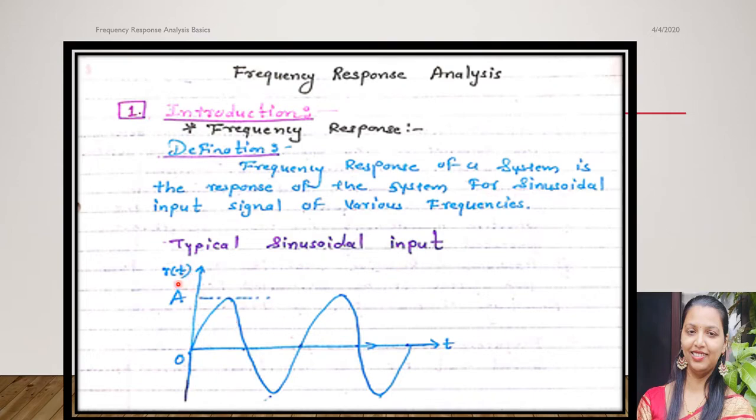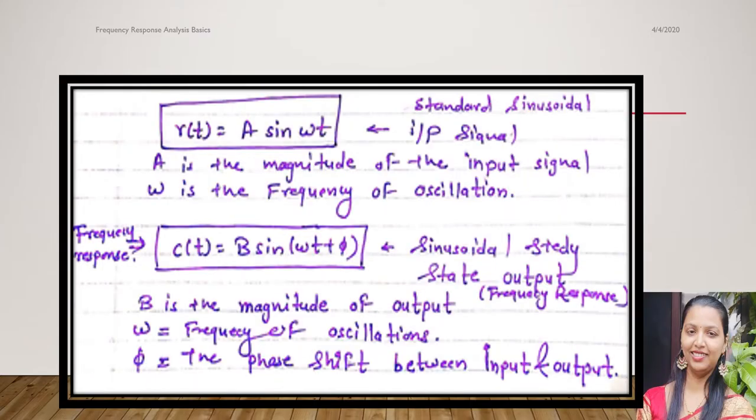Here, this is the input signal r(t), and the magnitude of this sinusoidal input signal is A. The graph is plotted between the magnitude of the input signal A versus time on the x-axis. This is the standard sinusoidal input signal as shown in the figure.